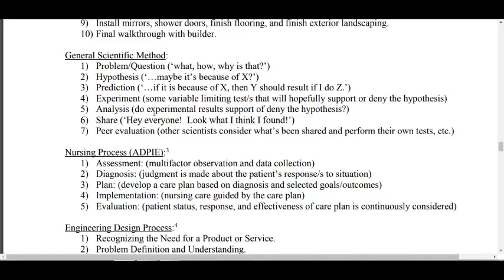And then if it works out that you do think you found support, you share it. Like, hey, look what I found. Scientists may release it on their websites. They may put it in professional journals. They may just discuss it with other people at other research institutions. And then that goes under peer review.